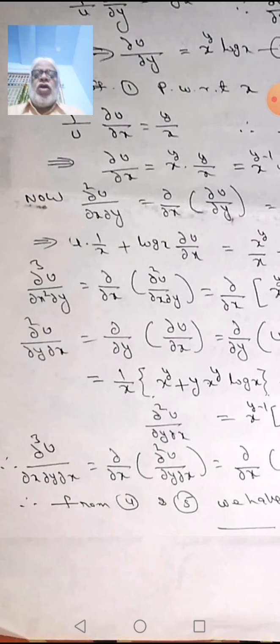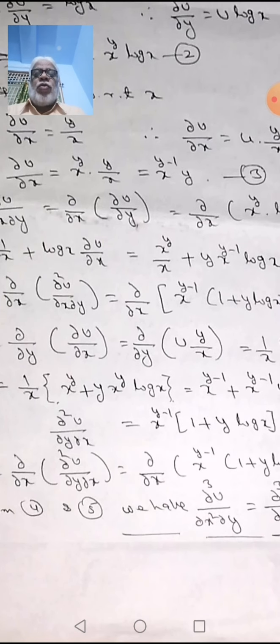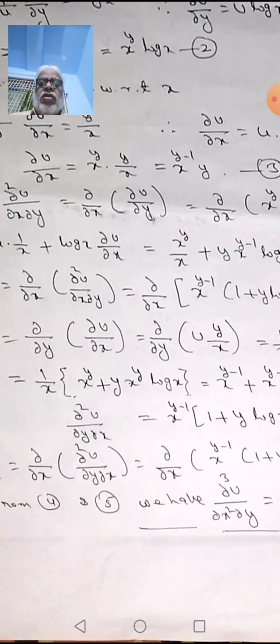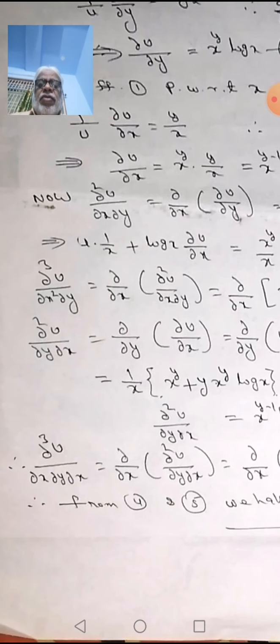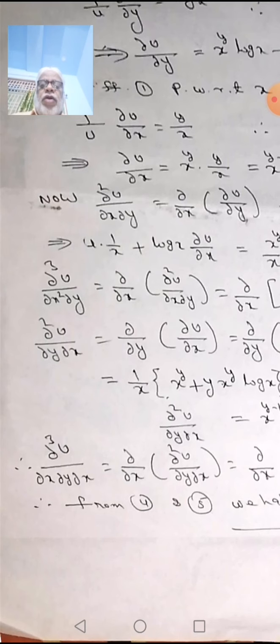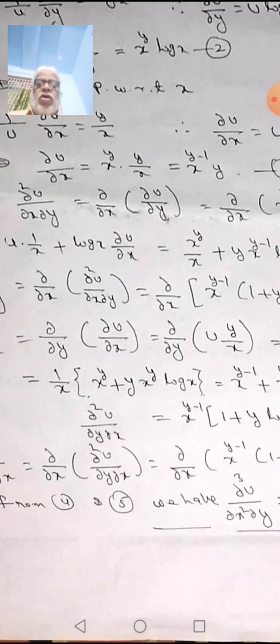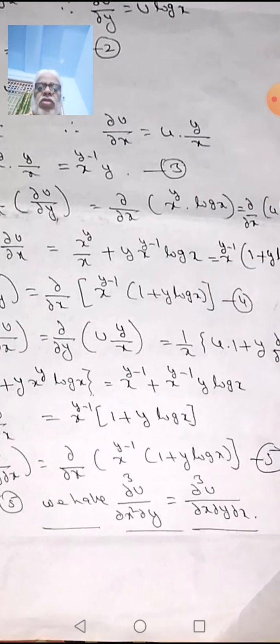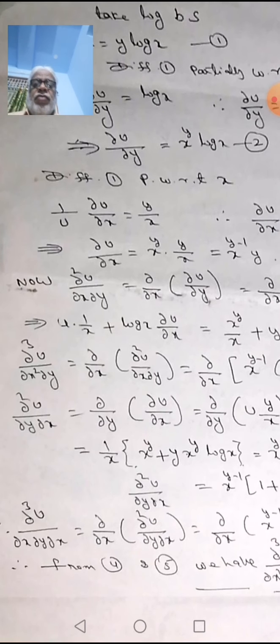So you see ∂³u/∂x²∂y is equal to ∂/∂x of this one, and the same thing, ∂/∂x of this one is the fifth. You see fourth and fifth.